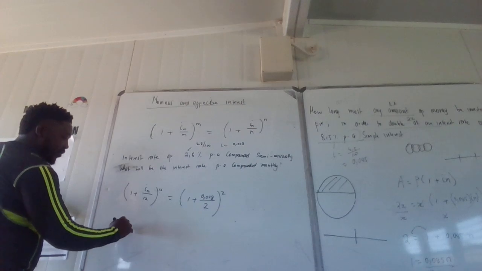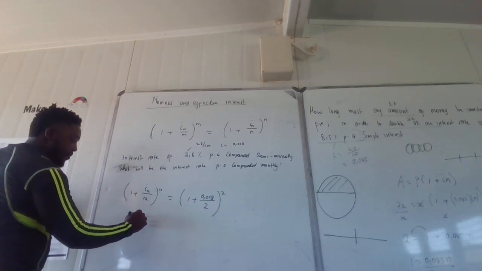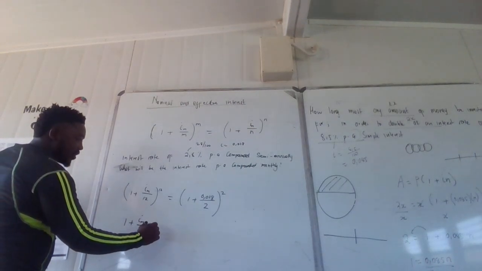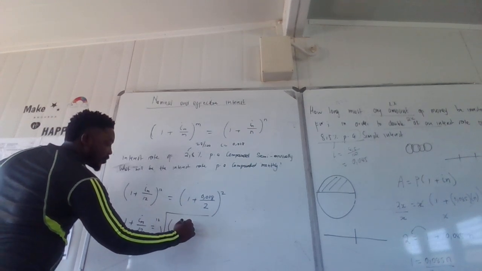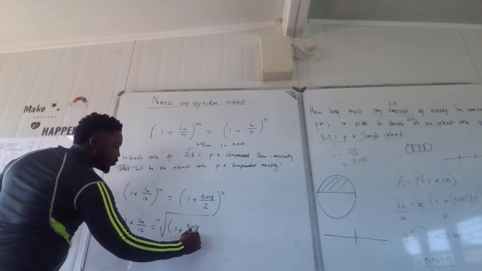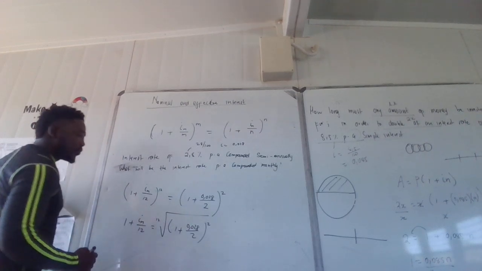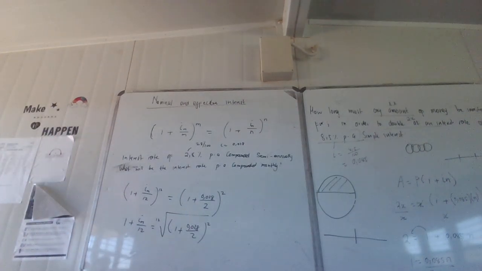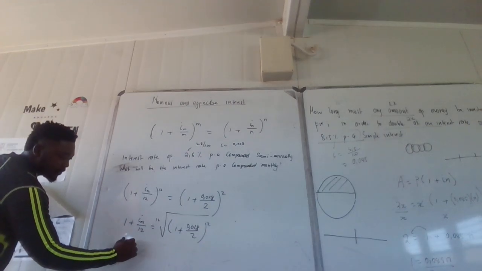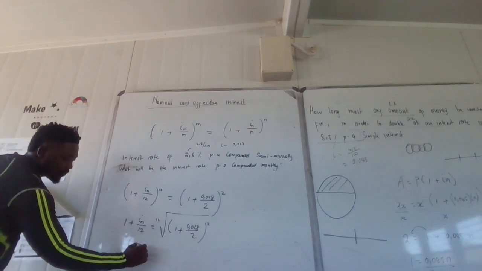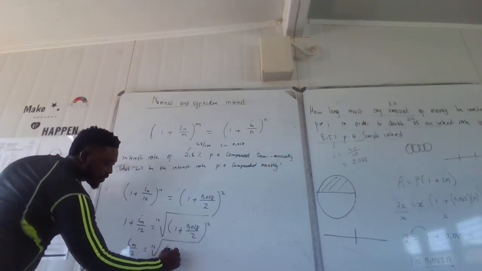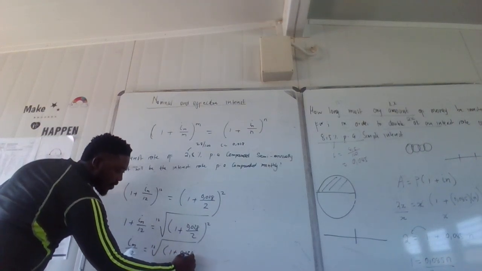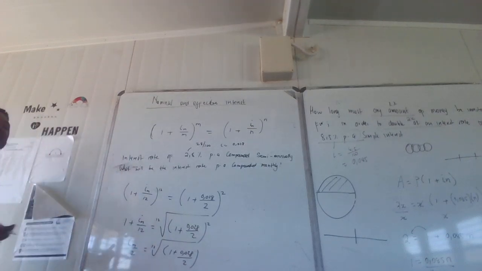So what I will say is 1 plus i to the m divided by 12 is equal to the 12th root of 1 plus 0.028 over 2, all to the power of 2. You'll be using a calculator yourself, so I'll just use this. And please remember, in finance, we don't round off. We round off at the end.